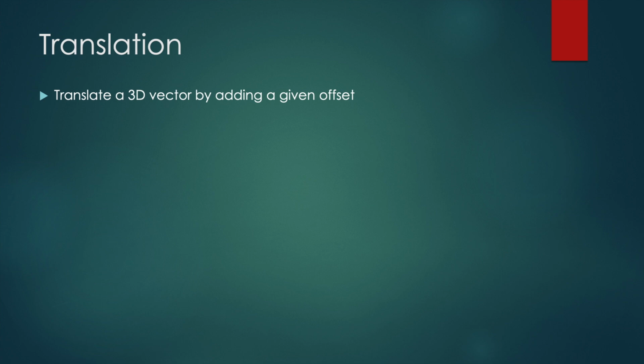A translation in 3 dimensions is really simple. We can just offset each point with a 3D difference vector. So if we want each point to shift right 1, down 1, and back 1, we add the vector 1, minus 1, 1 to each point.